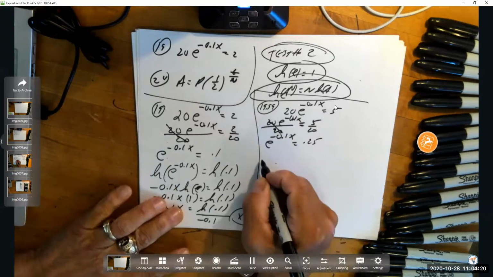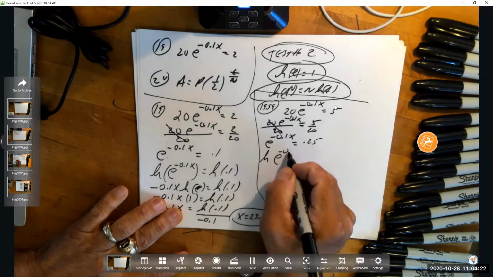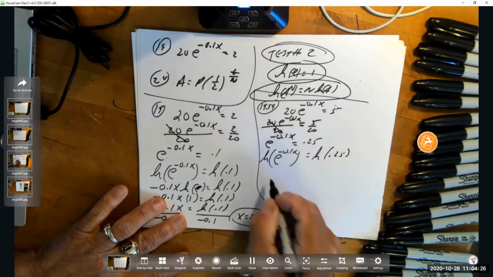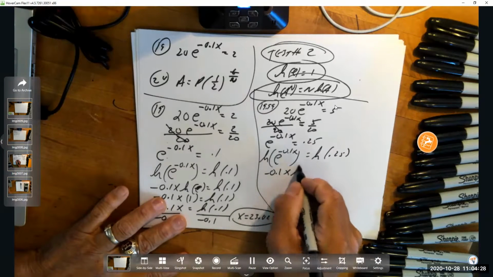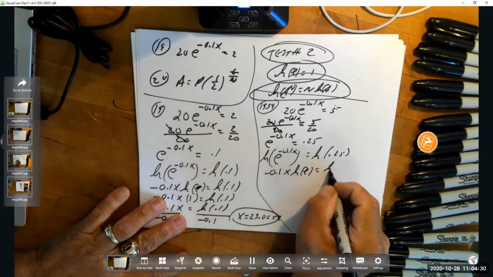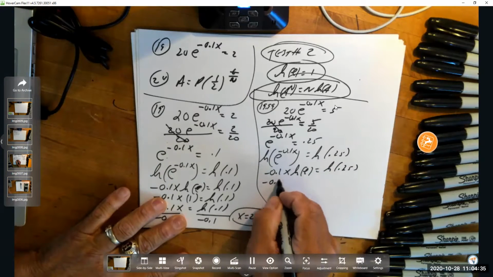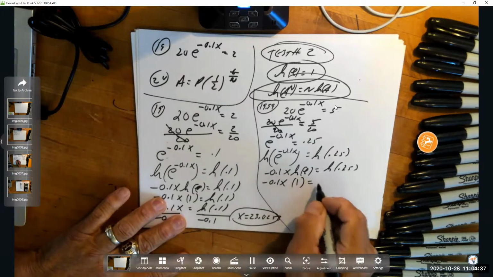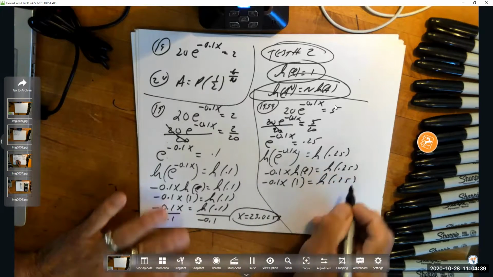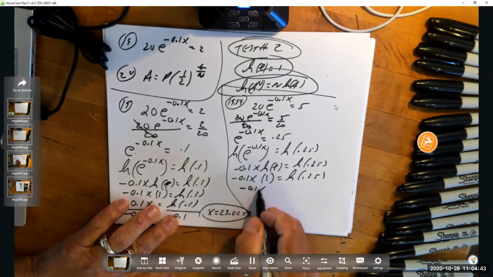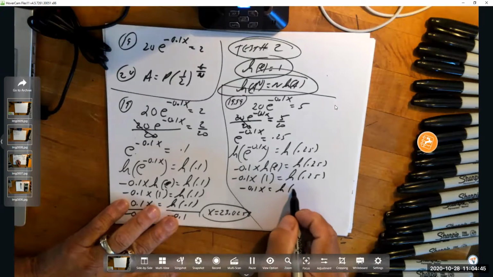0.25. So ln of this number and ln of this number, 0.25. Negative 0.1x times ln of e equals ln of 0.25. So negative 0.1x times 1 equals ln of 0.25. So now, negative 0.1x equals ln of 0.25.